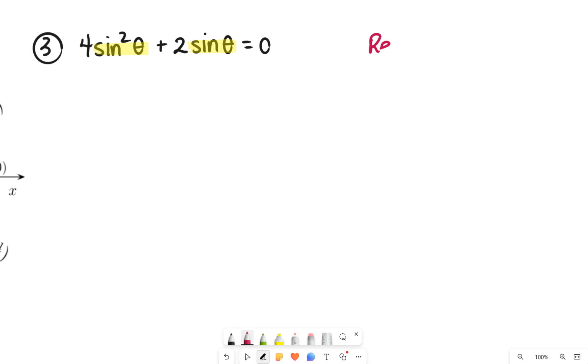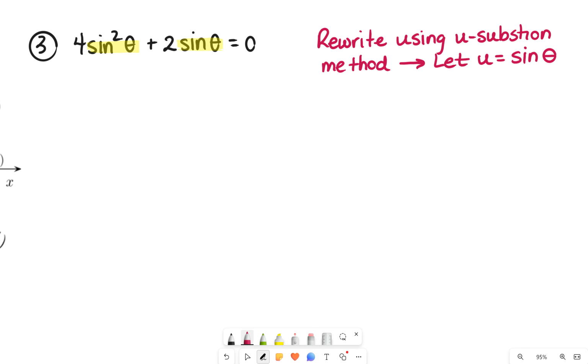So I want you to, in your notes, rewrite, letting U be sine theta, because that's the term that's mentioned more than once. When you do so, every sine theta is substituted.